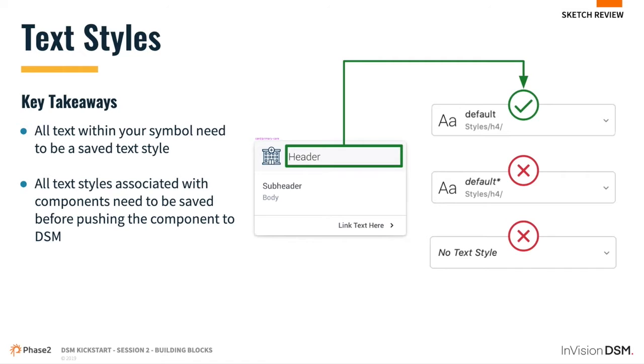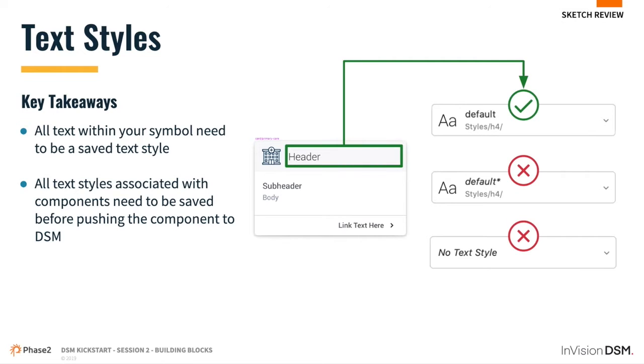The first thing to pay attention to is your text styles. Text styles are incredibly important, not just in your symbols, but also in general. So make sure all of your text in your symbols have text styles linked to them. In this example, you can see the header text, which is styled as an H4 in this card, should be linked to the style properly, and this is represented by the first example on the top right.